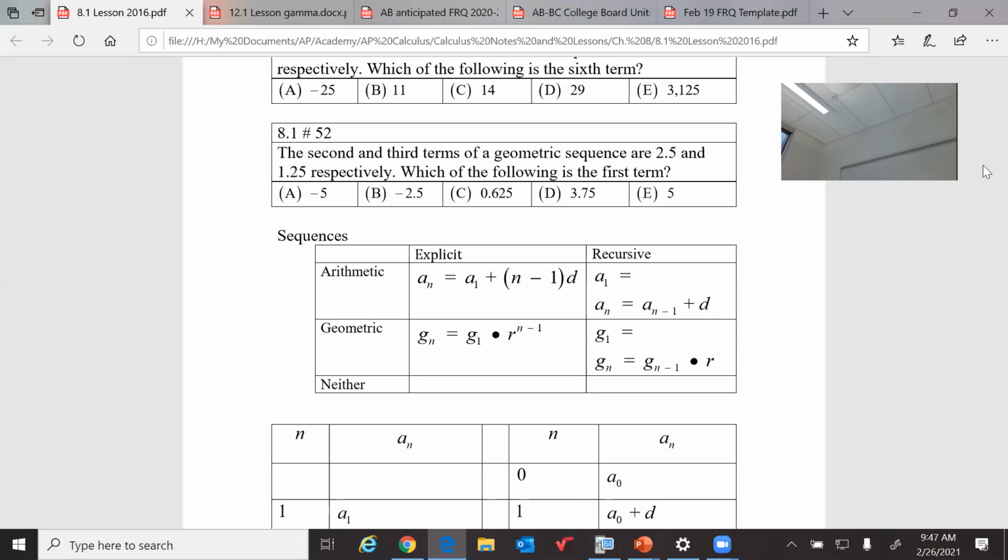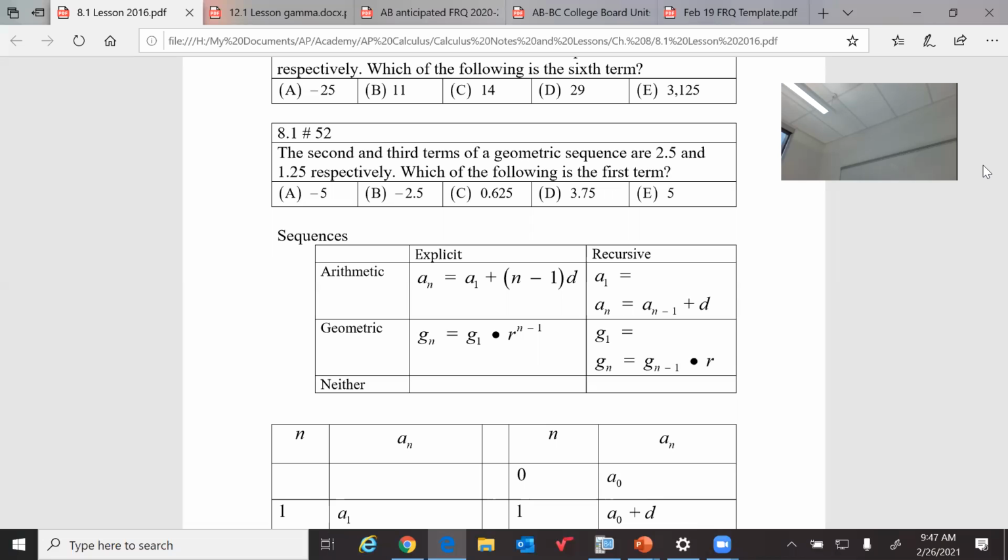So what does that have to do with this problem that we already did? The first term, a sub 1, is -1, plus n take away 1 times the constant difference of 3. This and this are the same thing. Why?